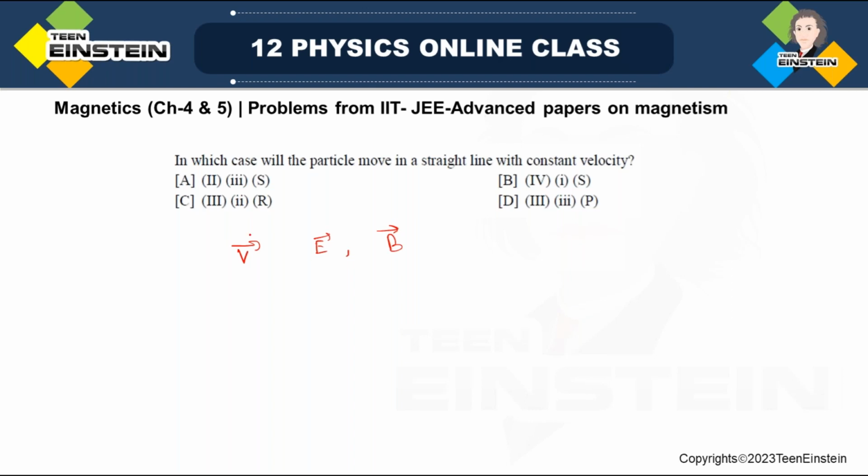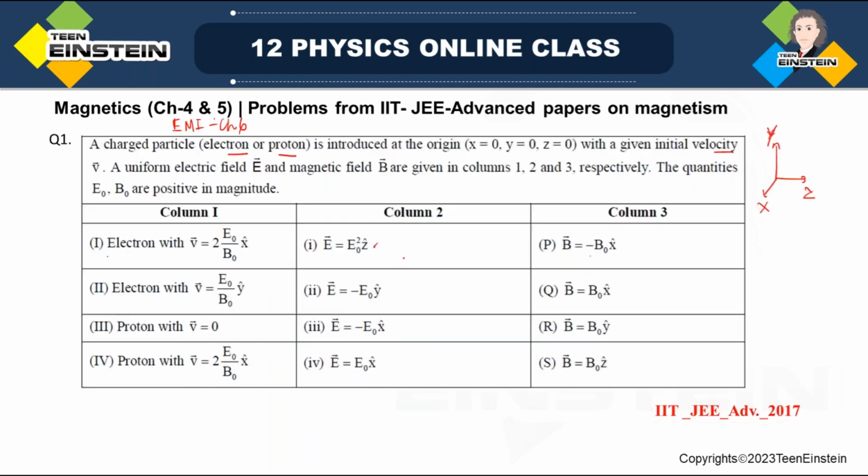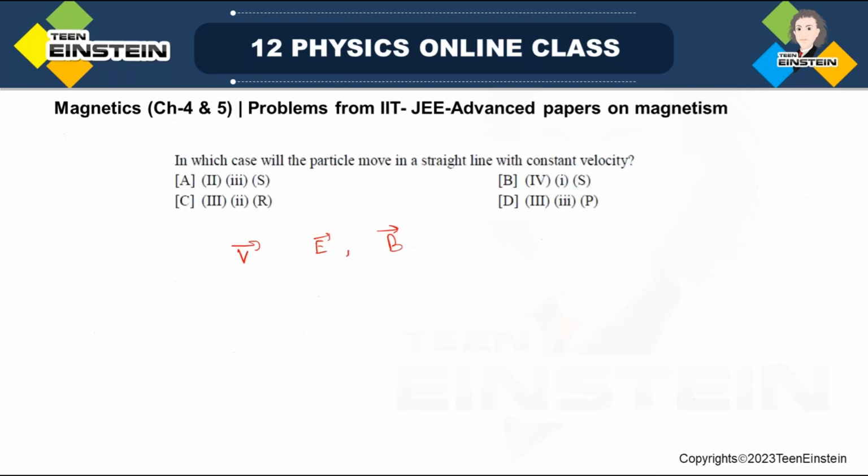That you have to choose from these 3 columns. In the first column, these are Roman numerals 1, 2, 3, 4, and here it is 1, 2, 3, 4. These are capital Roman, and this is small Roman, and this is PQRS. So if you look at the options, these are matched. These are the options where combinations of these 3, V, E, and B, are given.